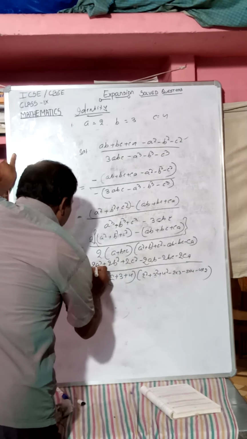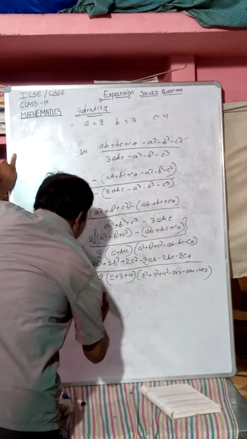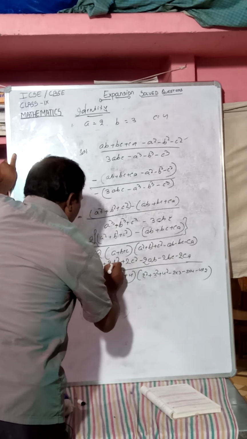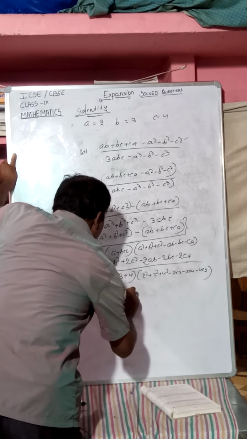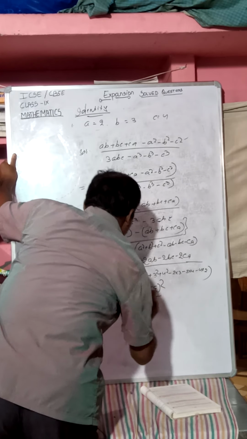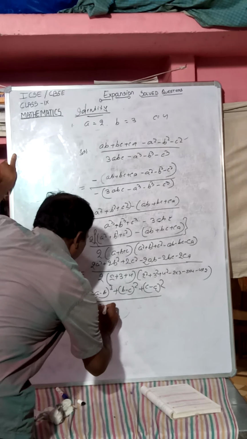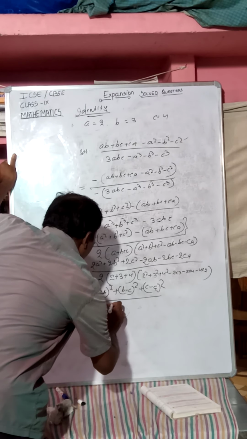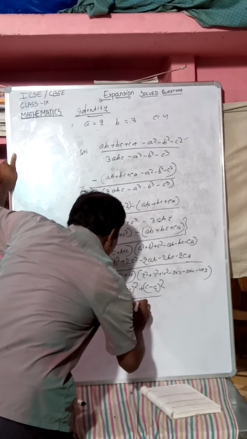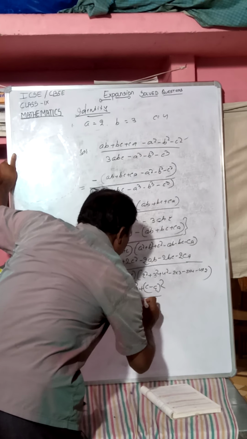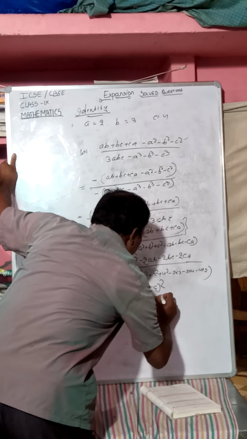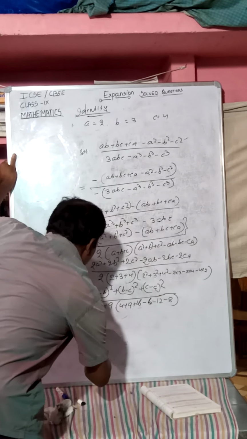So we can take 2A square and B square minus 2AB, and write (A minus B) whole square plus (B minus C) whole square plus (C minus A) whole square, divided by 2 whole into (2 plus 3 plus 4 is 9), 2 into 9 whole into 4 plus 9 plus 16 minus 6 minus 12 minus 8, this much.